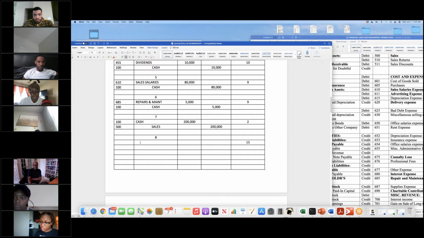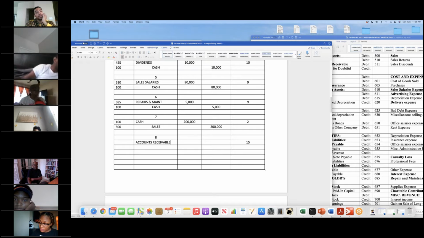What are you debiting in a 15? Accounts receivable. So that means, okay, let me go to my, and we're going to credit sales.